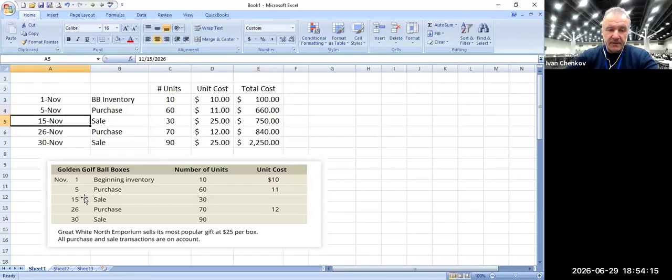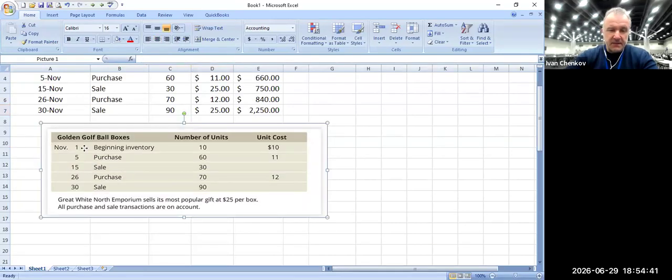On November 15th, they sold 30. We can see the selling price is 25. On November 26th, they made another purchase of 70 units at $12, which also comes with a cost. And on November 30, they made a sale of 90 units at $25 again.